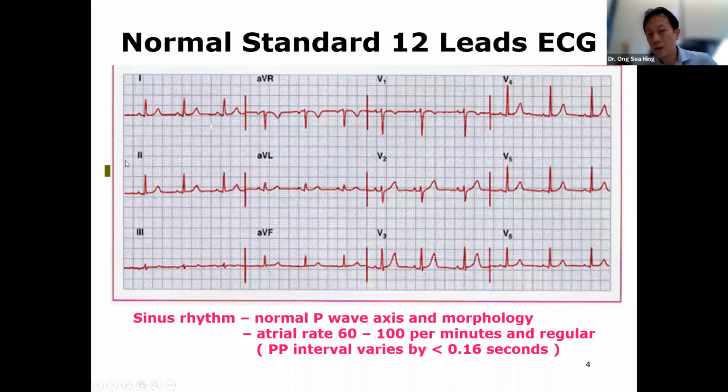Okay, and then we know where leads 2, 3, and AVF are. 2 is the lower left, 3 is the lower right, and then AVF is directly downwards. So if the QRS is positive in 2, 3, and AVF, this means that the electricity is running downwards from the top of the heart to the bottom of the heart, and that is what's supposed to be normal.